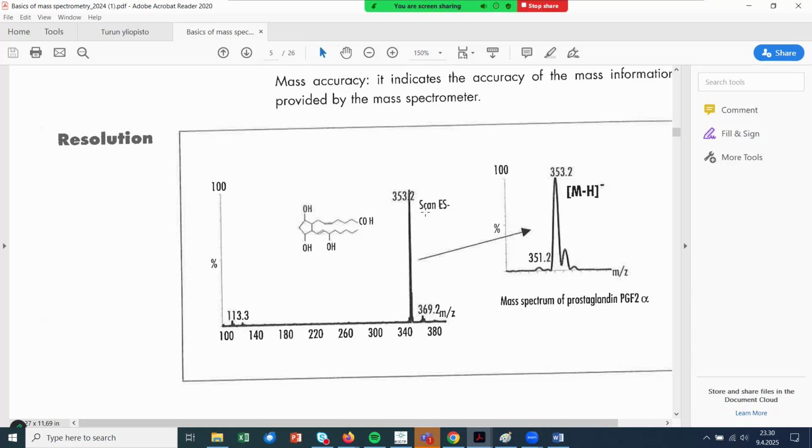So if we have a molecule of this size, usually some of the molecules carry one carbon-13 isotope. That molecule is shown here. The mass difference is only one mass unit, 1 Dalton. So this peak represents the molecules that have one carbon-13, not only carbon-12.